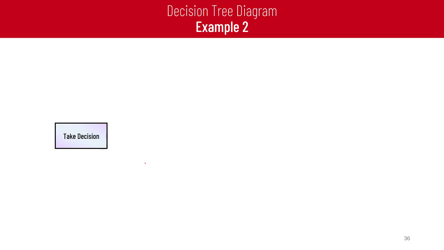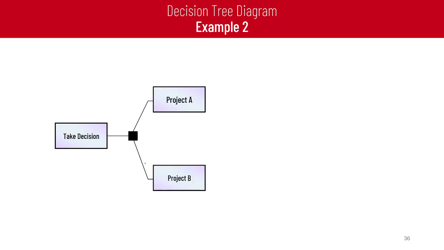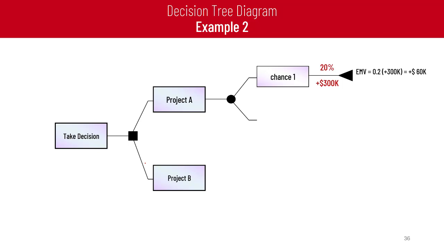Example number 2. We are on the way to making a decision to choose between two projects, Project A and Project B. If we decide to go with Project A, we have two chances. Chance number 1, that we profit 300k with a probability of 20%. Or chance number 2, we lose 40k with 80%.